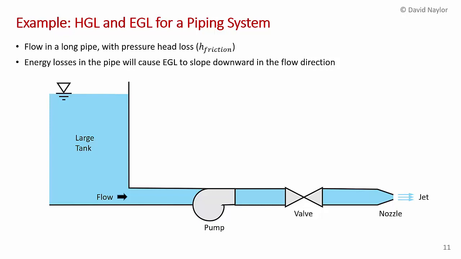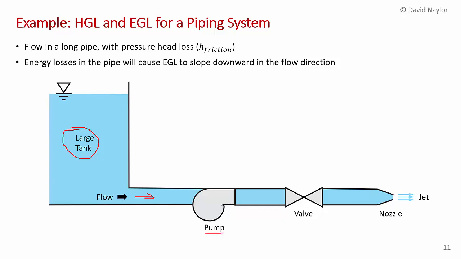Okay, I'm going to end with a discussion of hydraulic grade line and energy grade line for what I'll call a complex piping system. So what we have here is a large tank that's feeding flow into a pipeline, and this is not drawn to scale, of course. We might have a very long pipeline to the point where you need to increase the pressure in the pipeline using a pump in order to get the required flow rate.